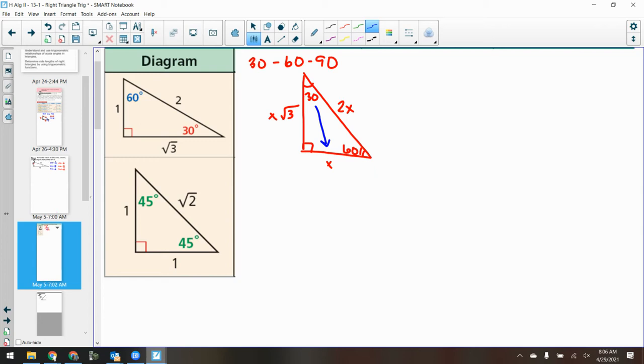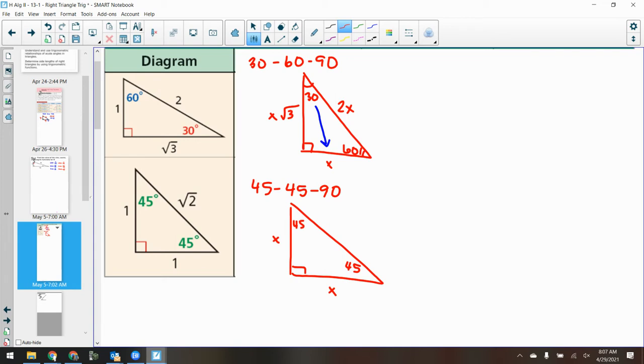Let's talk about the 45-45. I usually just call it the 45-45. I like to just put in letters. Now, this is the only isosceles right triangle. So the two legs of this thing are always equivalent.